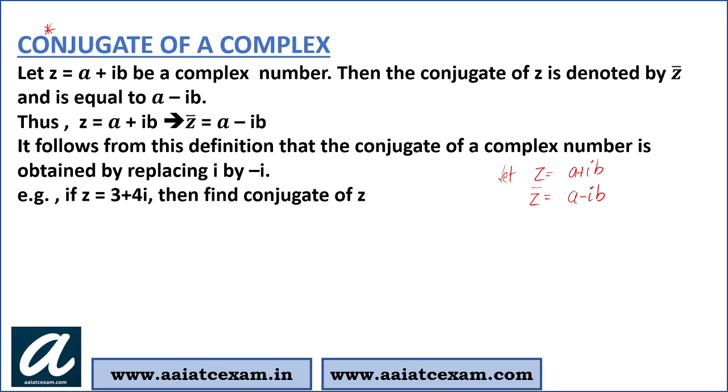If it is plus b, just write minus b. If it is minus b, just write plus b. There are two parts, real part and imaginary part. In order to convert a complex number to its complex conjugate, just change the sign of the imaginary part.